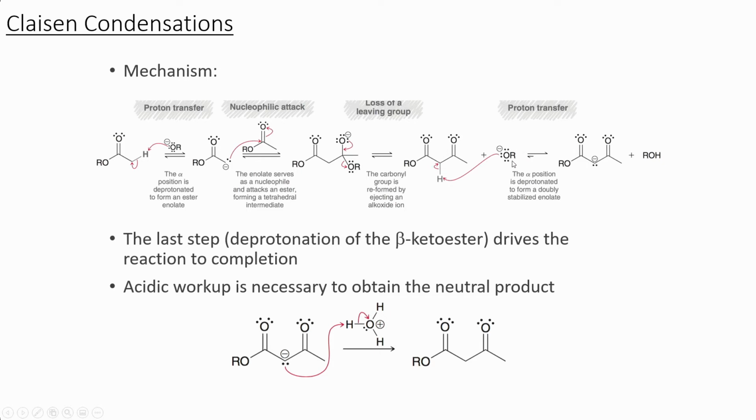The OR- that was ejected can then deprotonate the doubly alpha proton to form an enolate anion, which is stabilized by 2 carbonyl groups. Because this last step occurs, this is what drives the reaction forward. And in order for us to reprotonate this very stable negative charge, because it's next to two carbonyl groups, we're going to need an acidic workup to obtain the neutral compound.